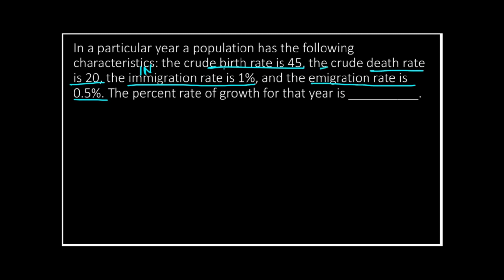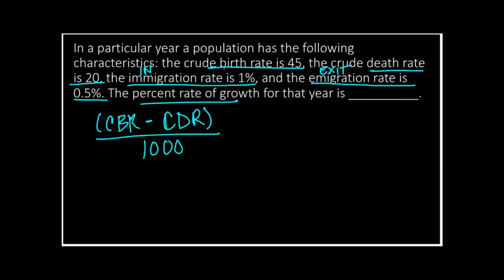And it's E for exit. So that means they're leaving. And the percent rate of growth is, okay, so for this one, we need to do crude birth rate minus crude death rate divided by 1,000, and we'll get R.